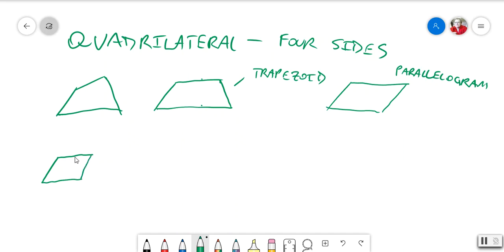If all 4 sides of the parallelogram are equal, it's a rhombus, or R-H-O-M-B-U-S. If you have a parallelogram where all the angles are right angles, it's a rectangle.